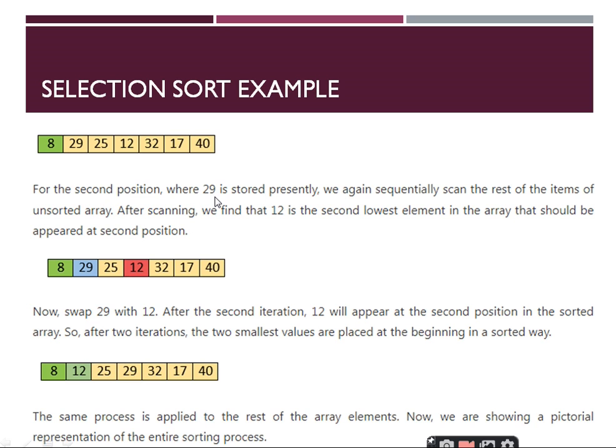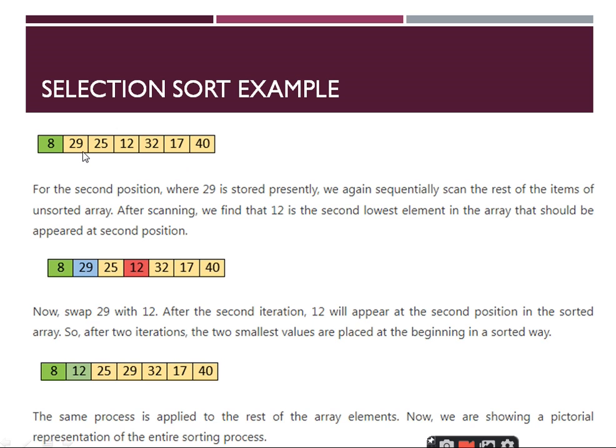And we again scan sequentially the rest of the items in the unsorted part. We know that now 8 is sorted, so we ignore this 8 and start with the next element. This part is sorted and this part is unsorted. We begin at the first element in the unsorted list, and after scanning, we find that 12 is the second lowest element, right?